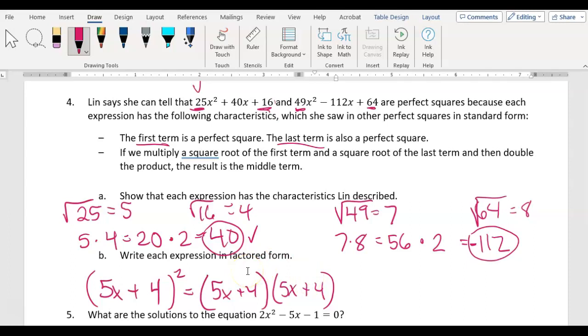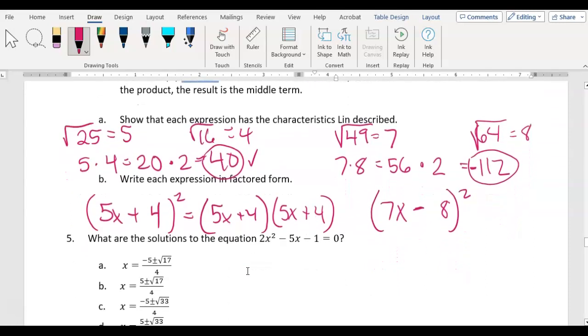Okay, and then our other one we can also write as 7x, and our end term is 64, so that'll be 8. Now here we want to have a minus because we want our middle term to have that negative 112, as I talked about before. So again, this is the same as 7x minus 8 times 7x minus 8.